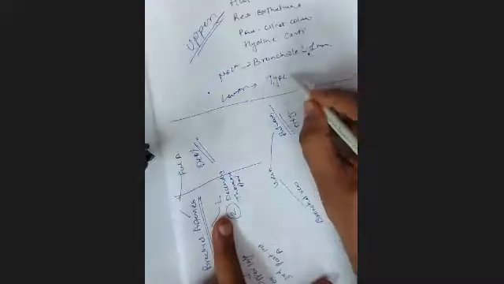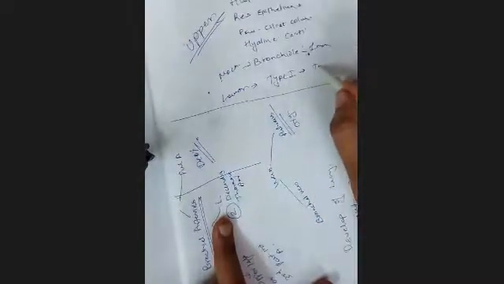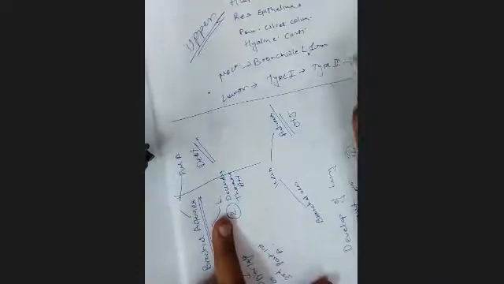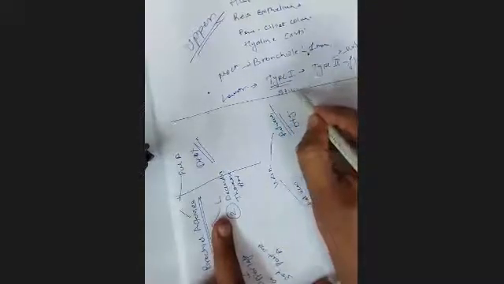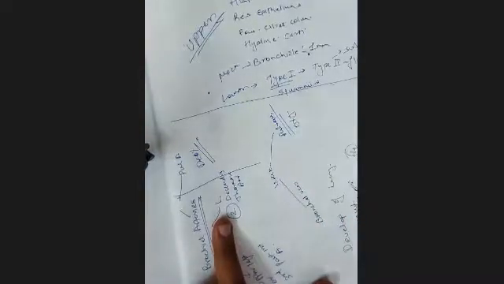When we go lower down into the lung, we see type 1 cells and type 2 cells. These are all flat cells. Type 2 contains surfactant, and type 1 are squamous cells, which are responsible for exchange of gases.